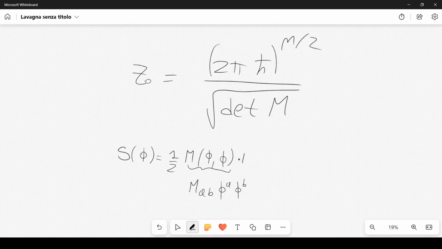Now we are going to add another term to the action of the kind J dot product phi, and in particular we will interpret this dot product as J_A phi_A, so it's a summation over A, which is the same as J^A phi_A written with the opposite convention for upper and lower indices.